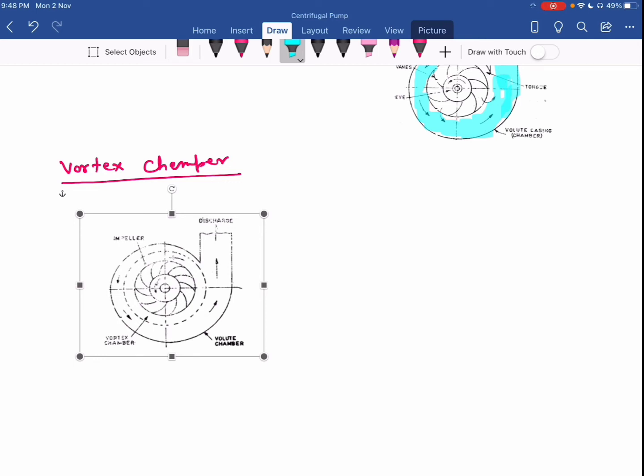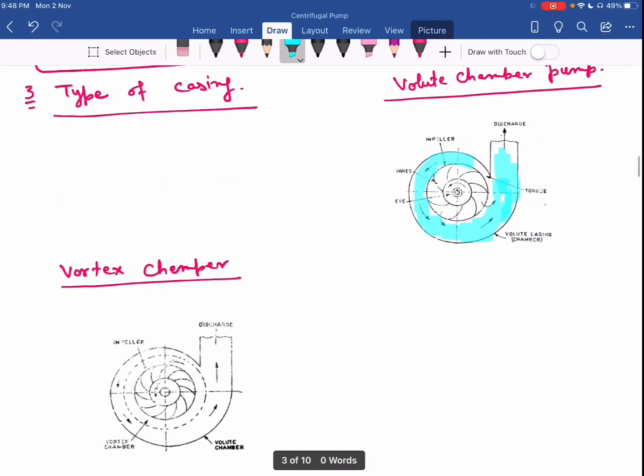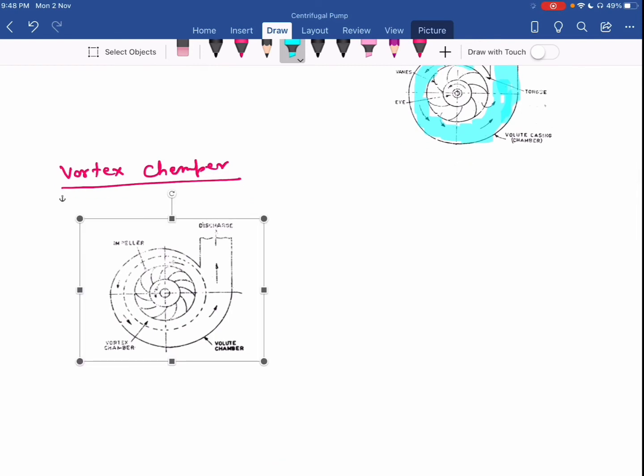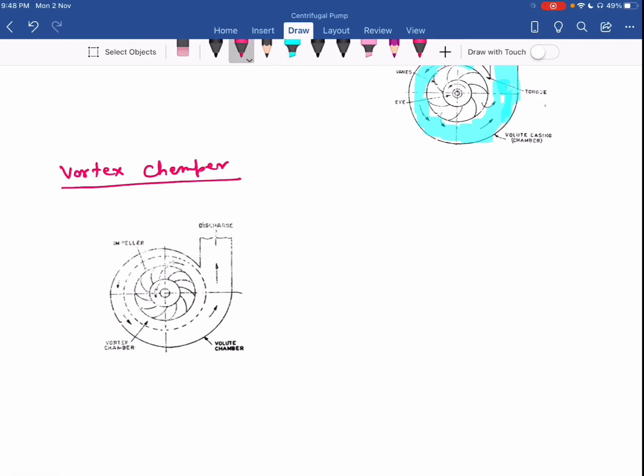In the spiral or volute chamber, there is some additional space that we call the vortex chamber. This vortex chamber is a uniformly increasing area provided between the impeller and the outer volute casing.